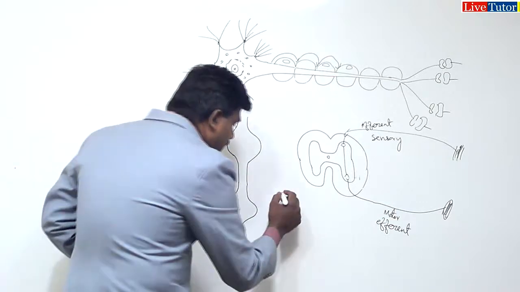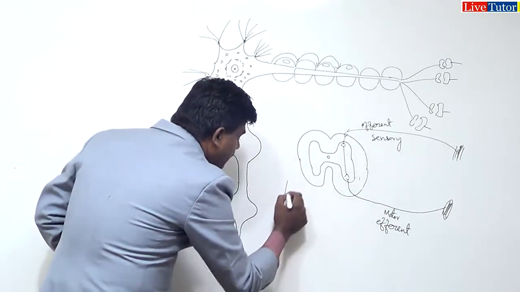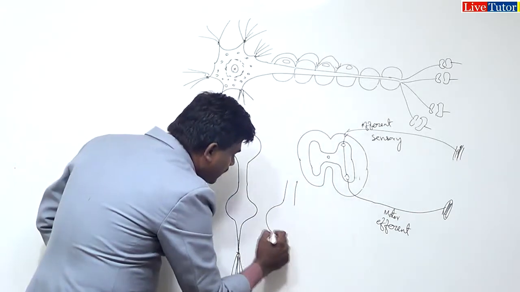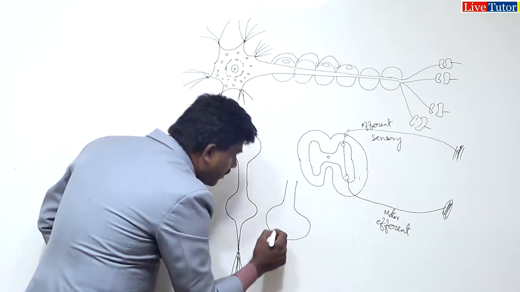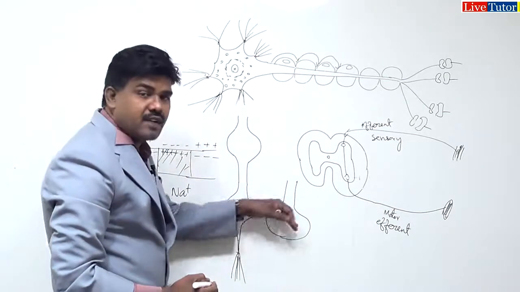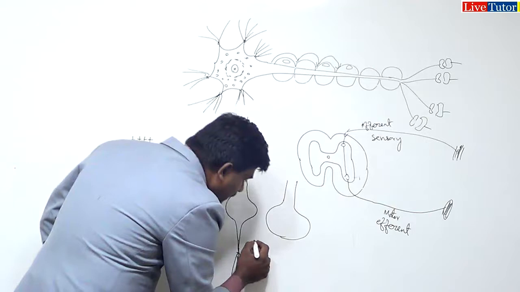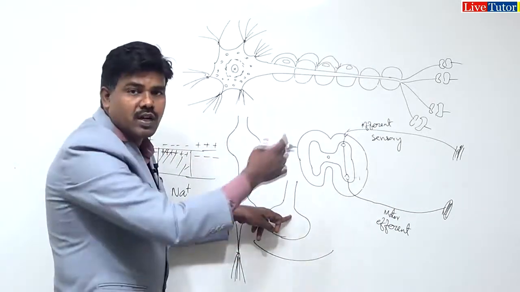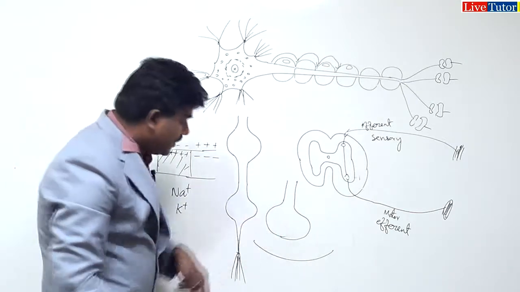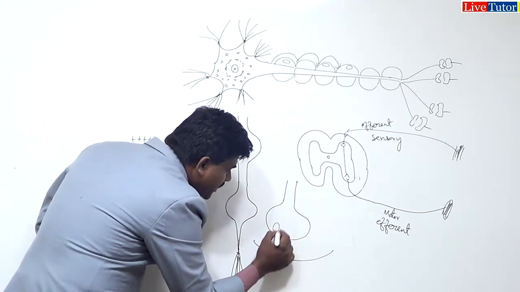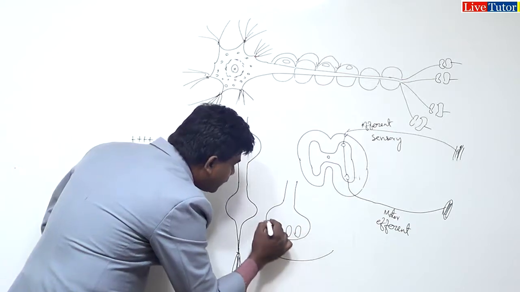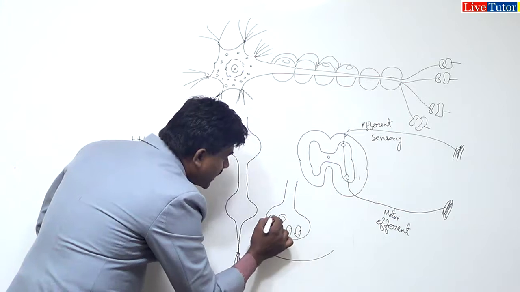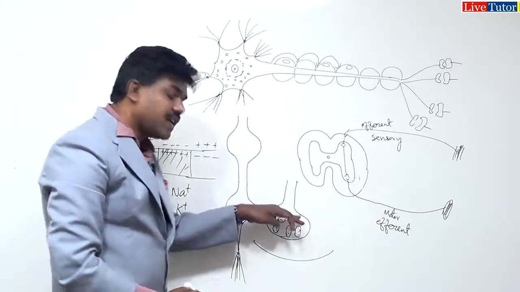For example, at the end of the nerve endings, suppose this is a nerve ending, or we can say presynaptic. This is called postsynaptic. Nerve endings are also called boutons. The presynaptic membrane region produces many vesicles. These vesicles contain the neurotransmitter and also contain mitochondria.